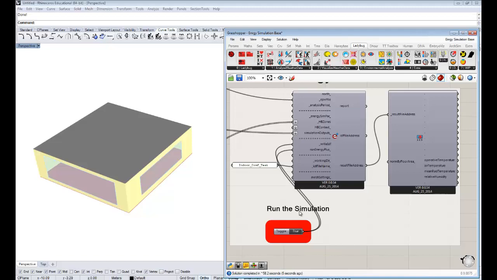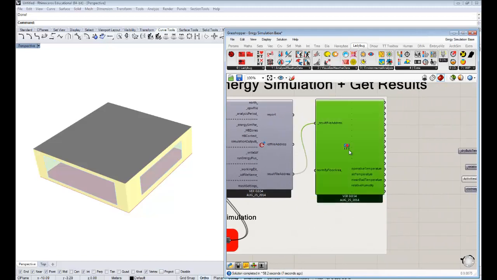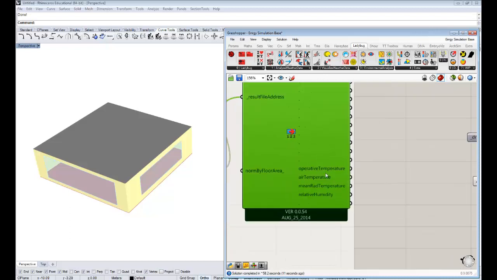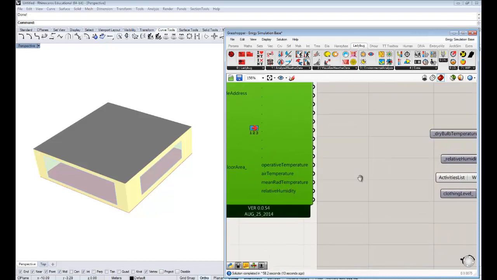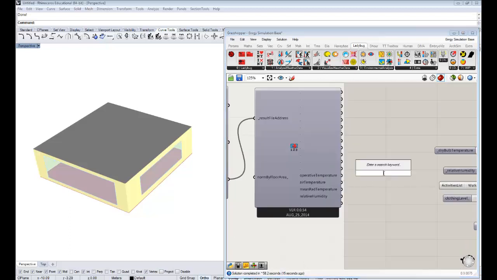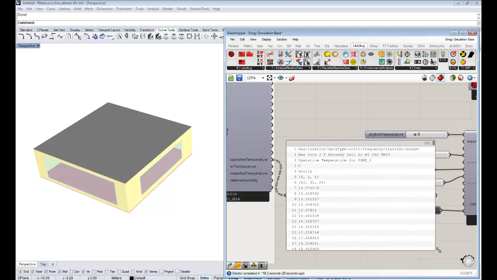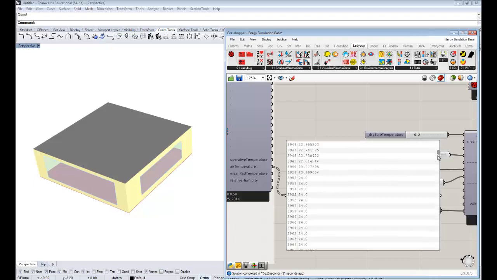Okay, everyone, the simulation is finished, and you can see that our result importer here brought in the things that we requested, which were operative temperature, air temperature, and our comfort metrics, essentially. And just to show you guys exactly what comes out of this, you essentially have a grafted list of values for every single hour of the year in terms of operative temperature, air temperature, and so these are multiple lists.